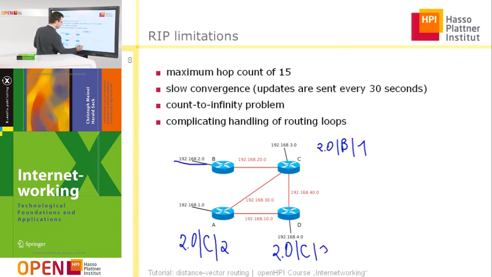Now let's imagine that during each update iteration these routers send to each other the content of their routing tables, including these 2 routes to this network.